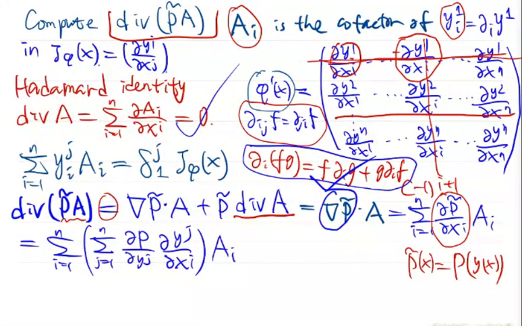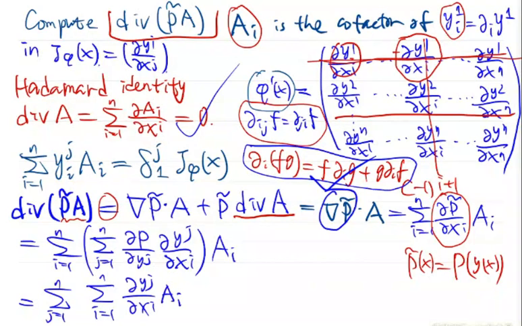Now we switch the order of these two summations. This expression first sums over j and then i, and we switch the order. The partial derivative of P with respect to yj has nothing to do with the summation index i.